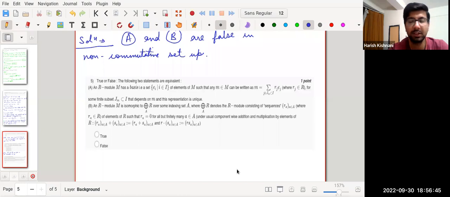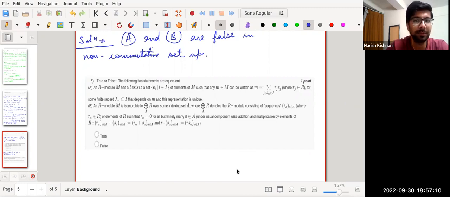Okay, so I just make it more confusing. So it says that M has a basis if there exists a set e_i for an indexing set I, such that any element of the module can be written as a finite linear sum of these e_j's. Okay, so that indexing set need not be finite; it can be an infinite set.